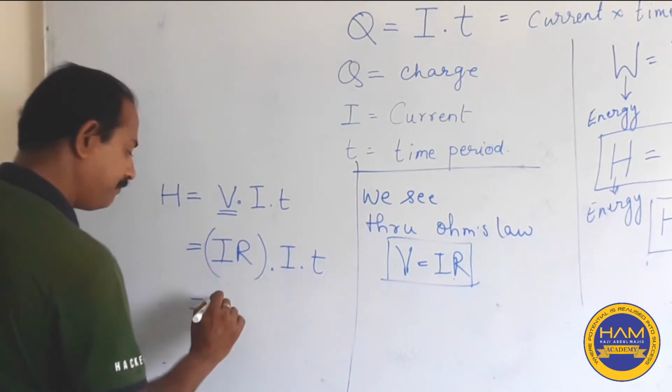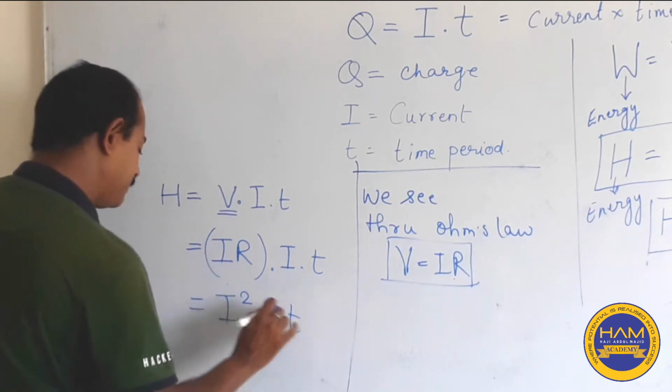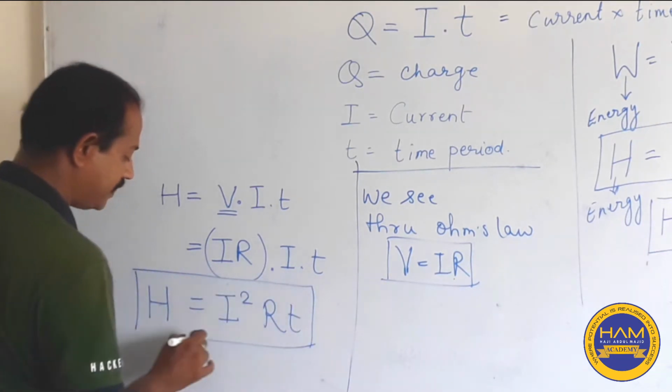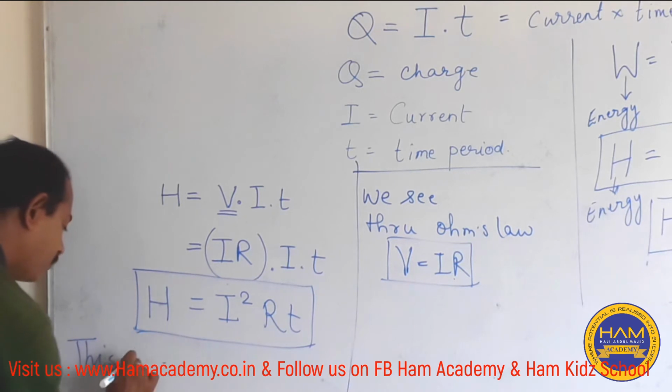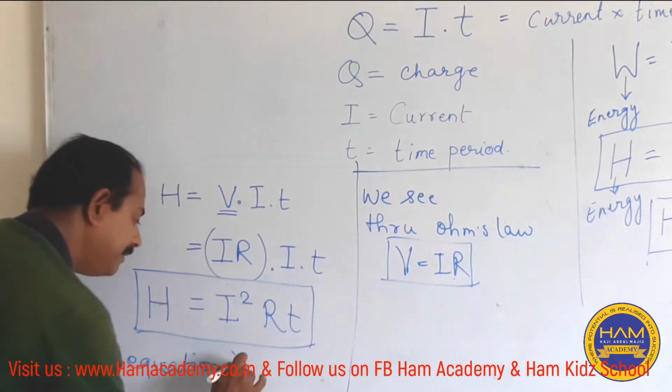I into I is I square, so we get I square R T. So, this is another form of the heat equation which we have, and this equation is voltage independent.